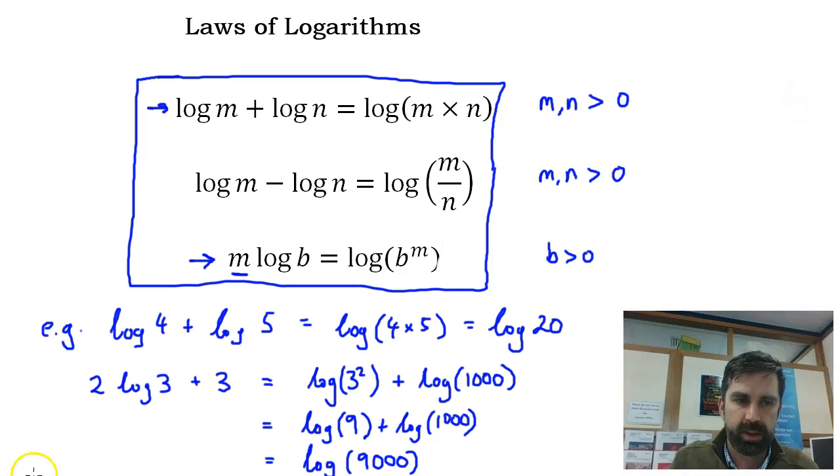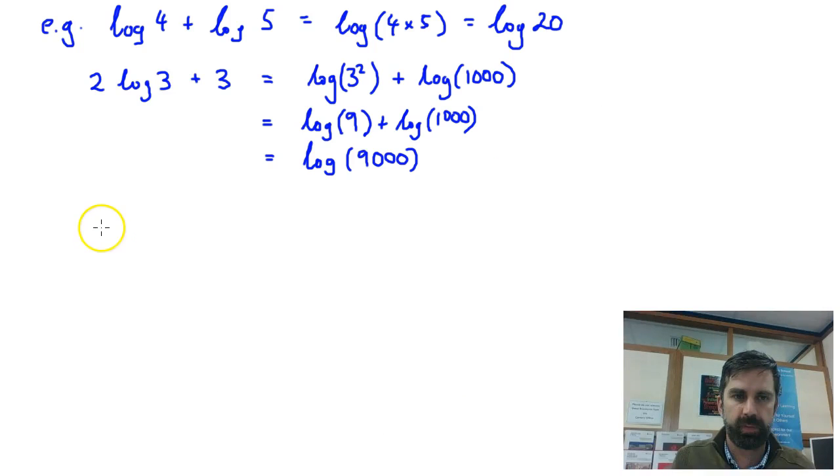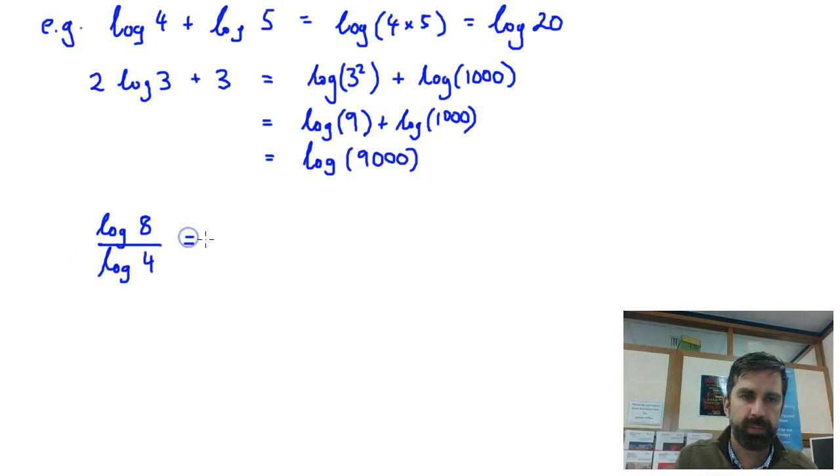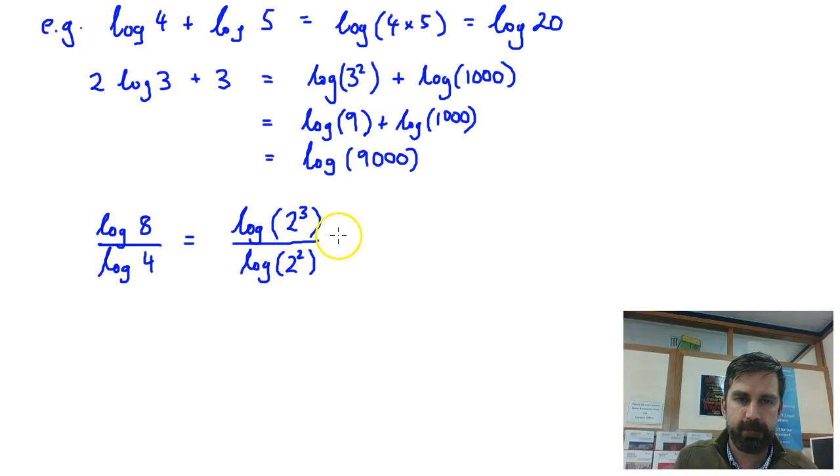I'll show you a couple more examples. So another example might be if you've got log of 8 divided by log of 4. First of all, we could write the log of 8 as the log of 2 cubed, and the log of 4 as the log of 2 squared.